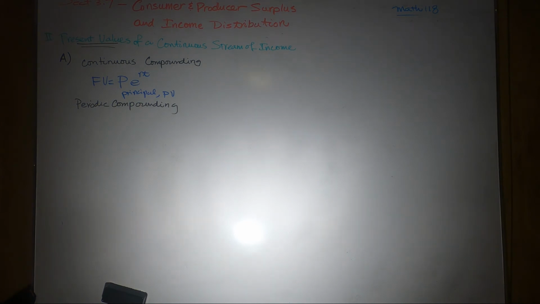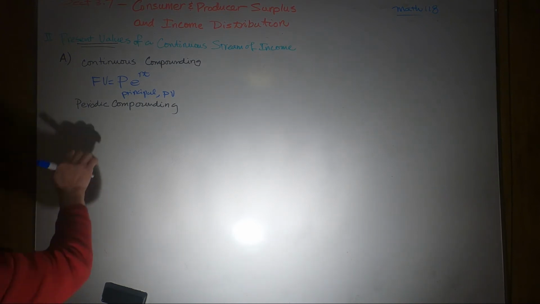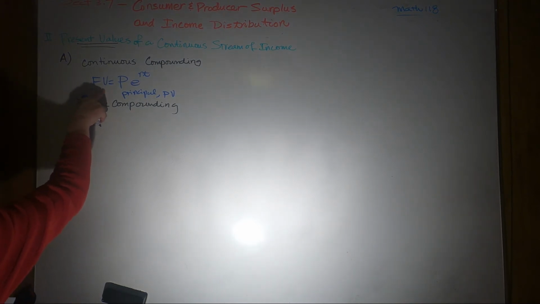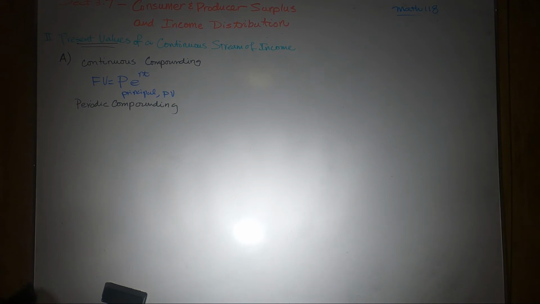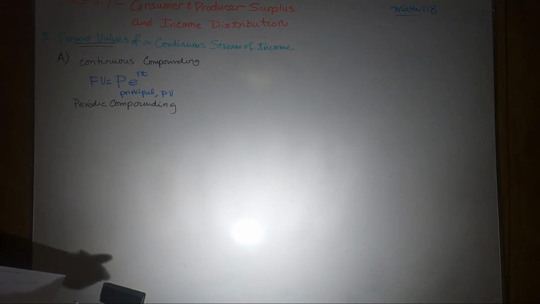So for the future value, total value, say $5,000, 20 years later you have $5,000. Then how much is it worth as of today? That's a present value.